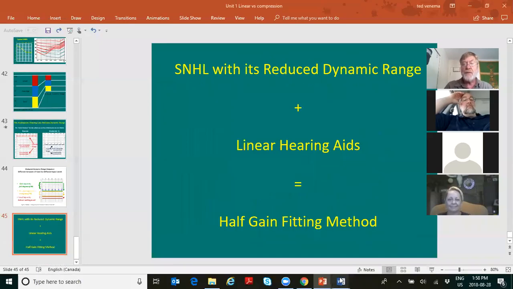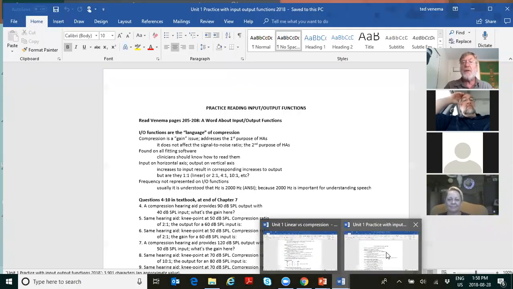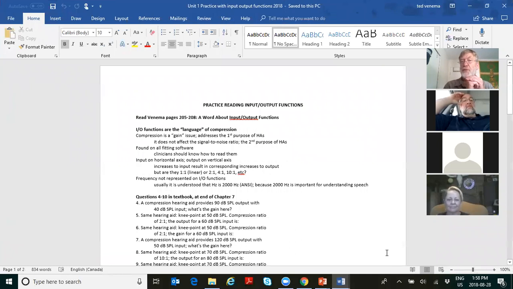Now I'm going to move on to practice reading input-output functions. Let's check this out. Go to the other notes under Unit 1, Practice reading input-output functions.